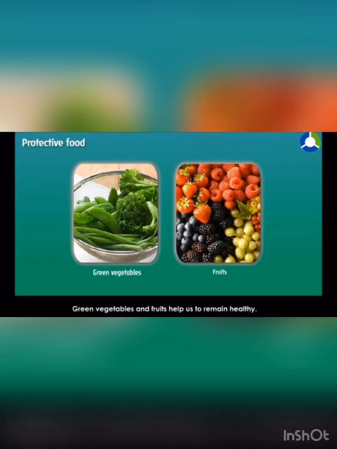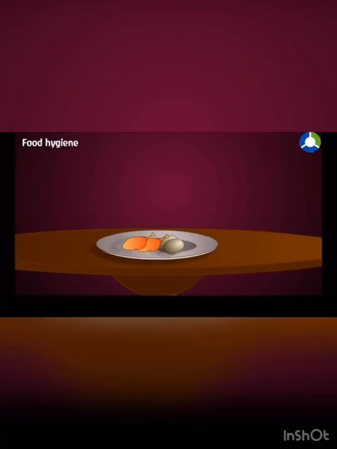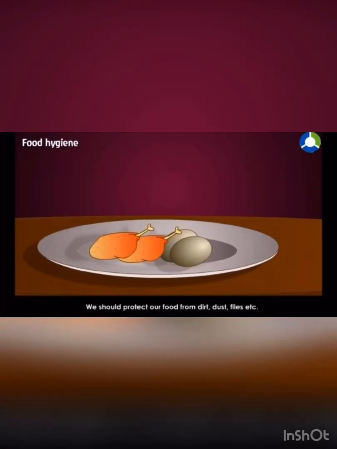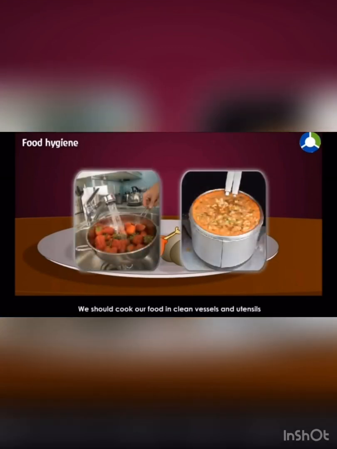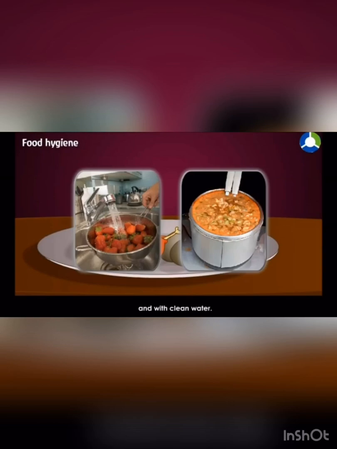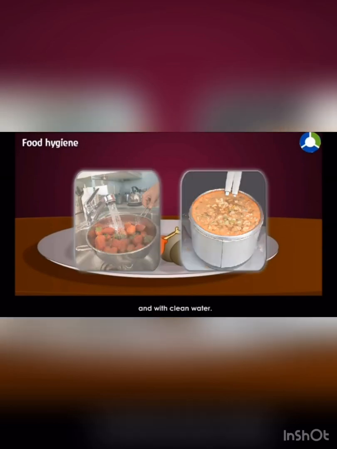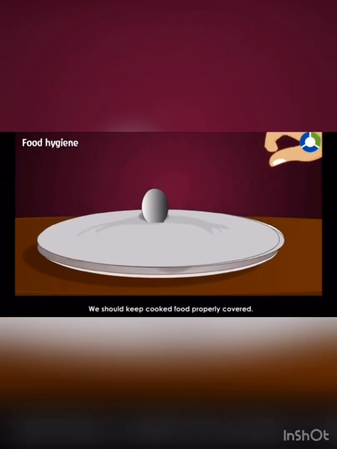Green vegetables and fruits help us to remain healthy. Food hygiene. We should protect our food from dirt, dust, flies, etc. We should cook our food in clean vessels and utensils and with clean water. We should keep cooked food properly covered.